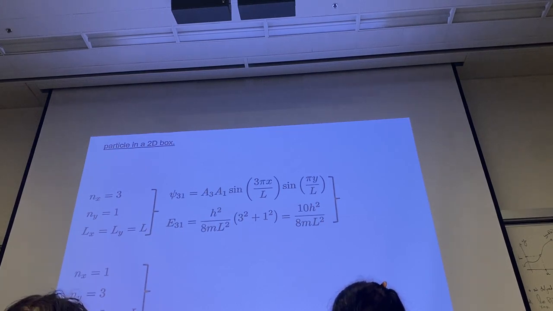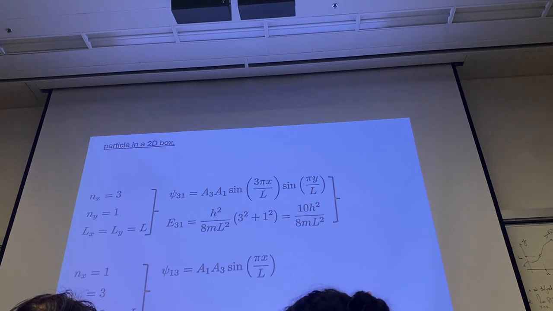Is it the same? Well, it's not exactly the same, because the roles of x and y have reversed. So I get the prefactors, which are now swapped. Along x, the 3 is gone now because nx equals 1, so I get pi x over L in the argument of the sine. And for the y part, I get now the 3 in there, so I'll get 3 pi y over L.